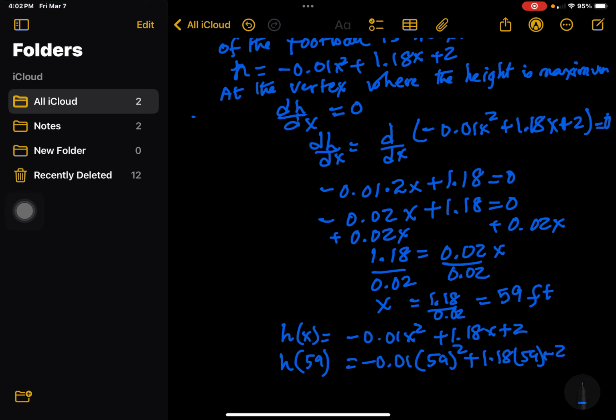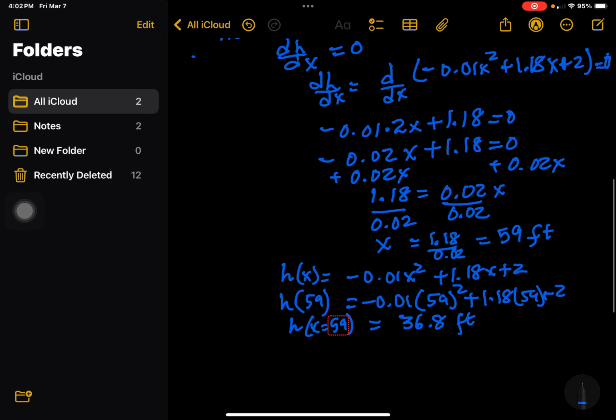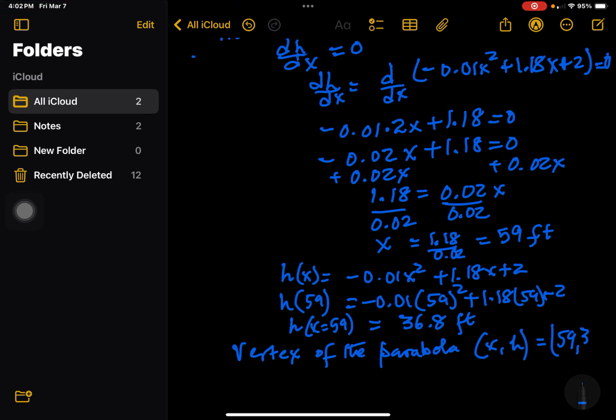If I do the algebra correctly, height at x equal to 59 is equal to 36.8 feet. So the vertex of the parabola is x comma h, which is equal to 59 comma 36.8. So that's part A.